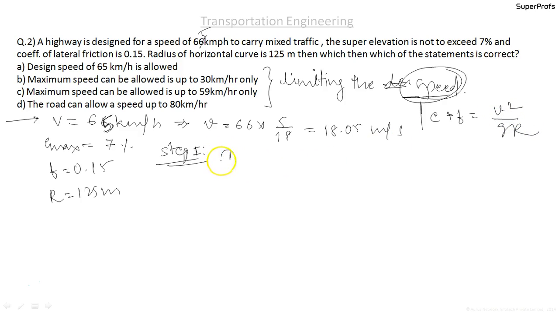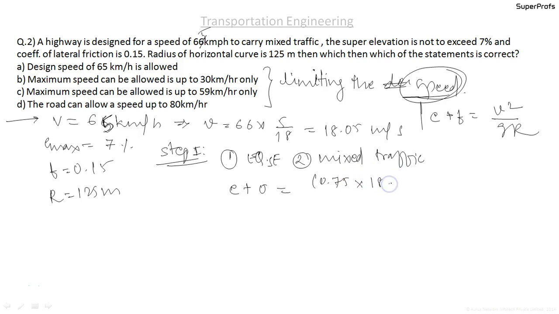Step 1 has got two conditions. Condition number 1 is equilibrium super elevation, and secondly it considers mixed traffic.